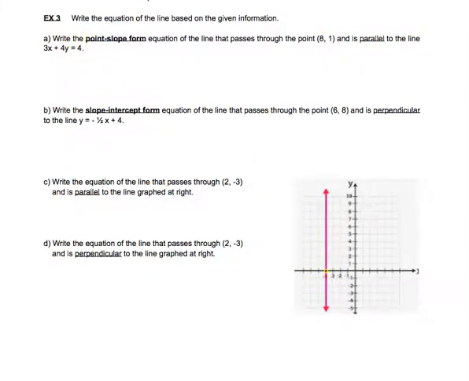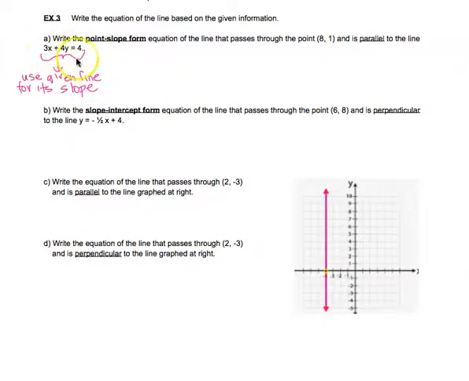So whenever you have a question like this, we need to take the equation of the line that we're given, and we need to use the given line for its slope.